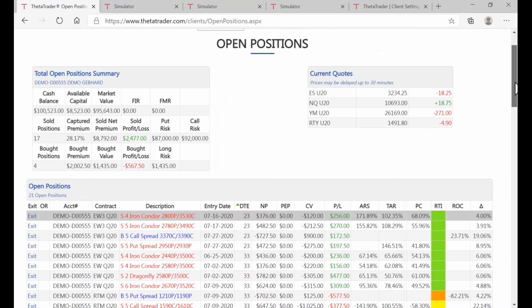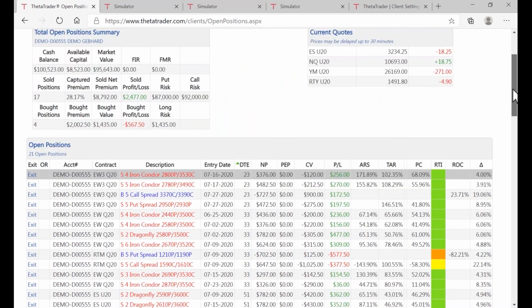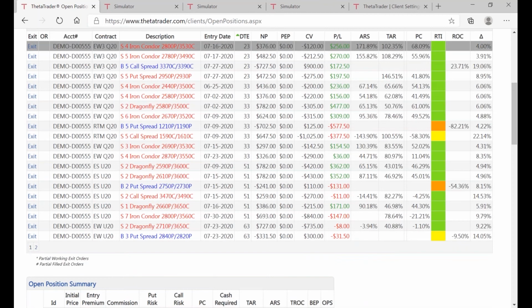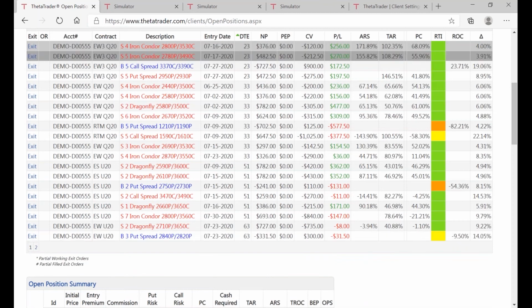All right, this is what it looks like. So you'll see here 17 short positions, 4 long positions, total profit and loss here on your open positions, short and long. And then you can see all the colors here on the RTI at a glance.